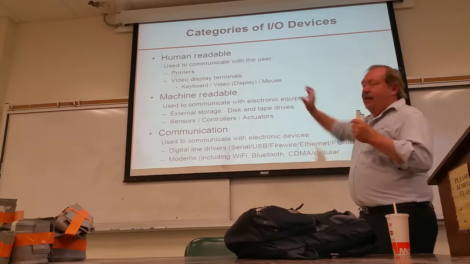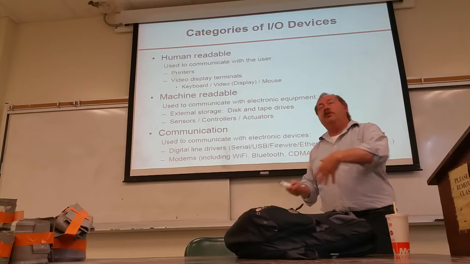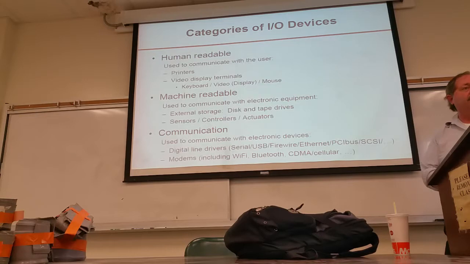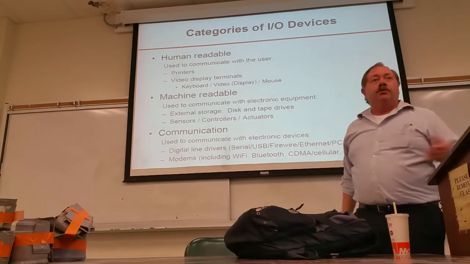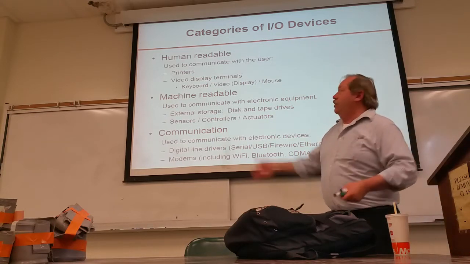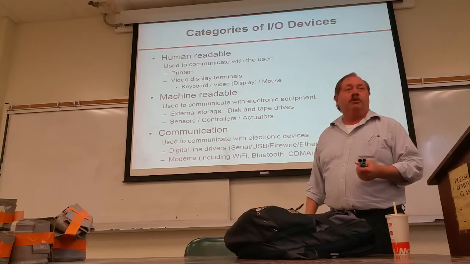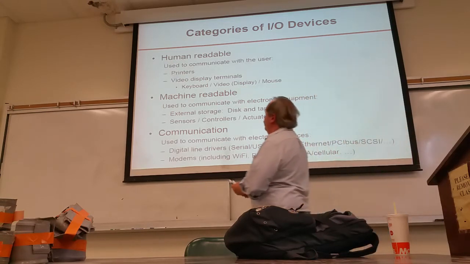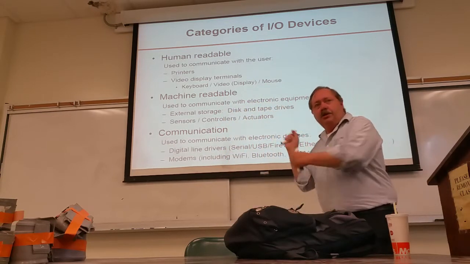That category has some special connotations because it's going to drive some input-output requirements that are different from, say, machine-readable devices, such as your mass storage devices, your external storage devices, where you're trying to just ram whole pages of bytes through in a single transfer because it doesn't have to interpret the stuff. Whereas in human readable, the I/O device has to interpret the stuff so it can make it human readable or translate it from human readable to something the machine can process. Whereas machine readable stuff, it's just a whole bunch of bytes.